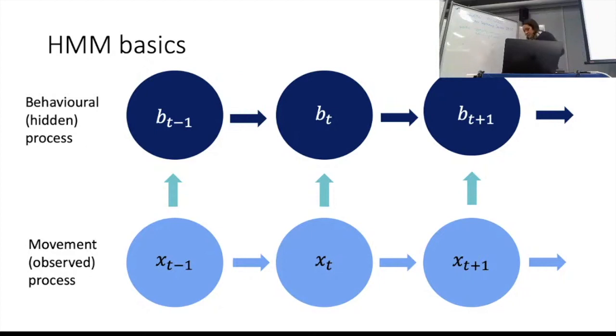Okay, so the question was whether the link between the movement process and the behavioral process is constant through time. I think that's a little bit of a loaded question. For the example today, yes. The way the link works is we're fitting a model. Think about a linear model, right?